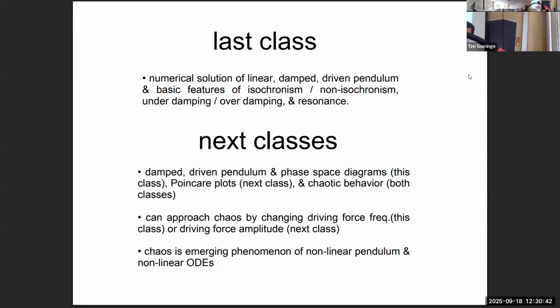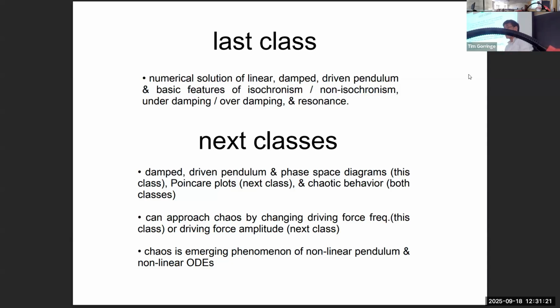Last class, we discussed the damped driven pendulum and we solved it numerically. A few of the things that we looked at, I listed on this side. One was isochronism versus non-isochronism: the fact that the period or the frequency of the pendulum is constant, independent of the amplitude of the oscillations and the mass of the pendulum, for small oscillations.